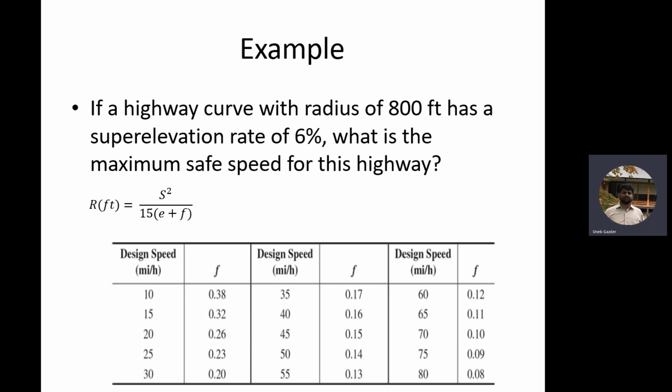This is slightly different. The radius is given, and super elevation is given, and then they are asking what speed should be allowed on the highway, or what speed can be achieved on this curve safely. So you have the equation again. What should we do?